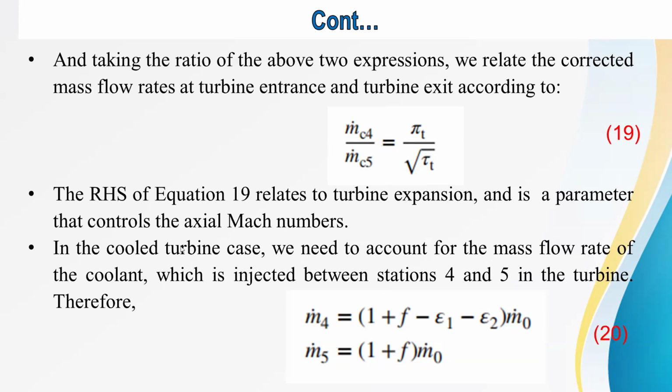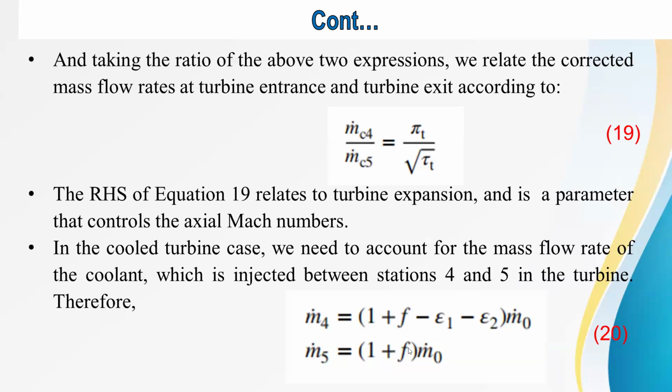So again, for the cooled turbine, the actual mass flow rate at 4 is 1 plus the stoichiometric ratio of fuel to oxidizer, minus epsilon 1 minus epsilon 2, times M naught. M naught is the mass flow rate of air.